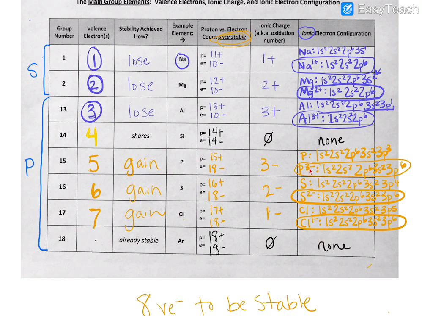All right, so that negative charge that you see with these gainers is the addition of electrons in the electron cloud, and we can see that represented in the ionic electron configuration. Up here, we see the loss of electrons, okay? We see that as the 3s, that 1 valence electron in the outer shell here is gone, all right?